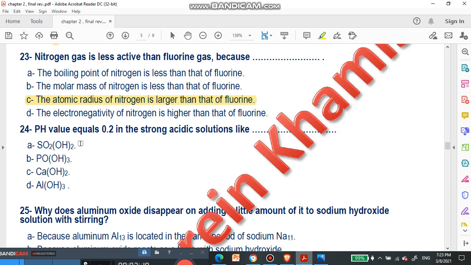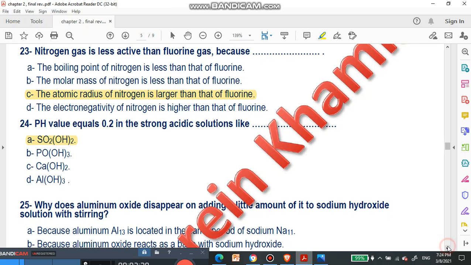It is the strong acidic solution. pH will be 0.2. By decreasing the pH of a solution, the acidity will increase. So SO2(OH)2 will be the strongest acidic solution here.